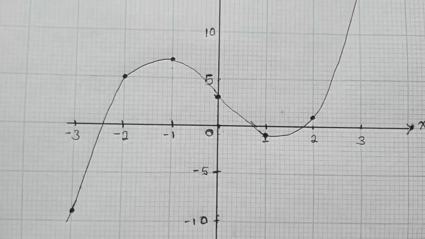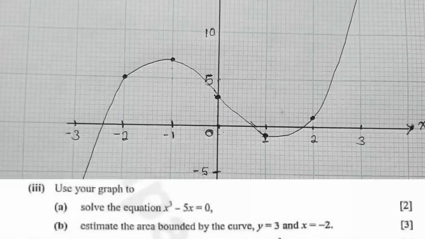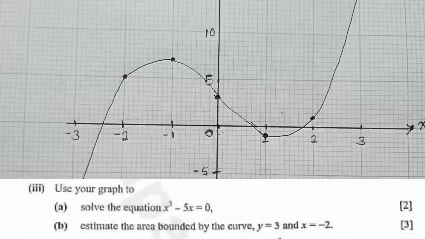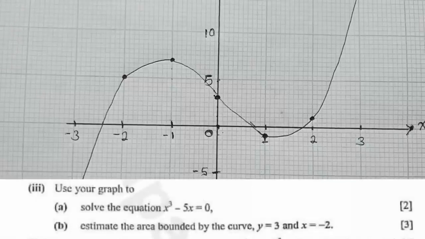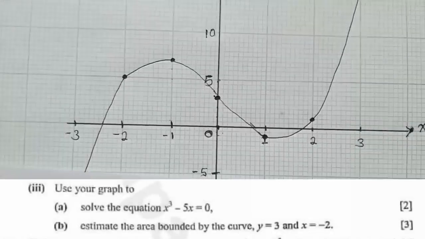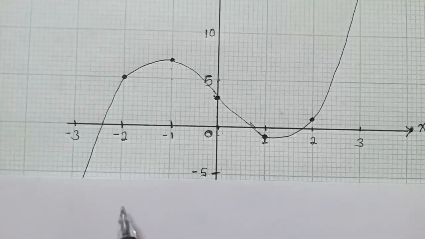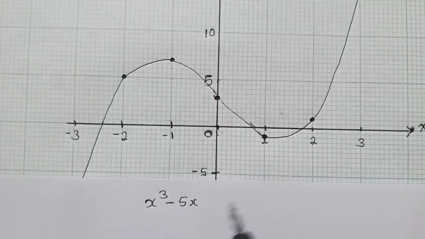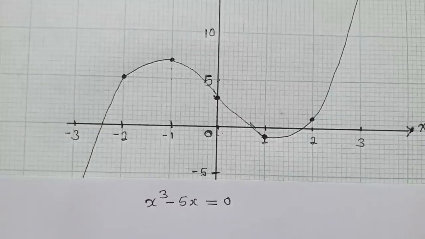And the next question here, they are saying solve the equation x power 3 minus 5x is equal to 0. So the equation looks like this: x power 3 minus 5x is equal to 0.